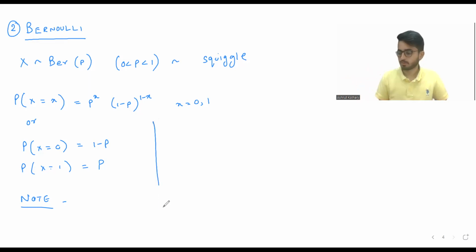Now to calculate its expectation, this is fairly easy. Since it can take only two possible values, expectation of x will be 0 into 1 minus p plus 1 into p, directly using first principles. This simplifies to nothing but p.